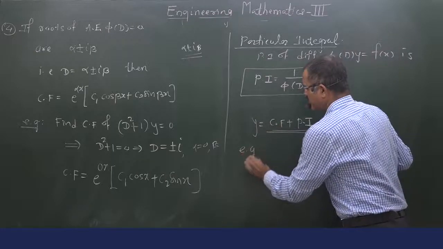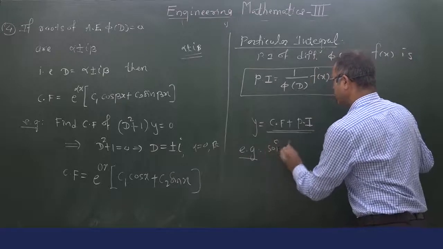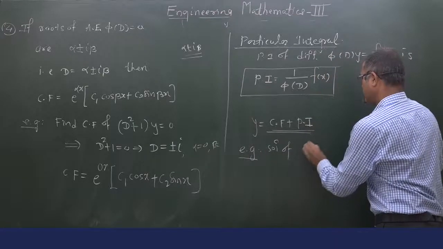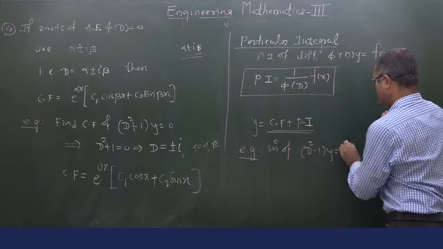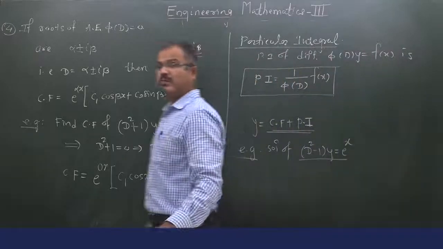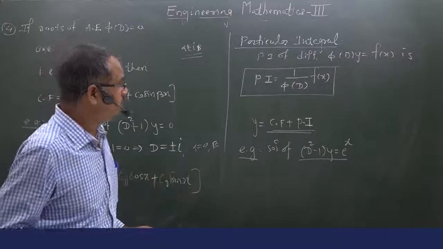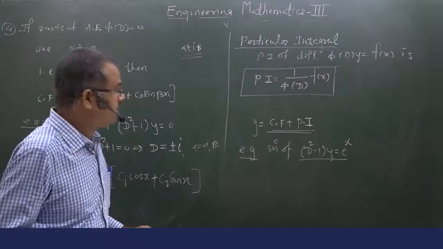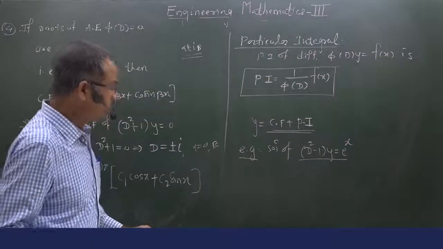For example, if you want to calculate the solution of the differential equation (D square minus 1) y is equal to f of x, which is e raised to x. The first part is to find the solution.